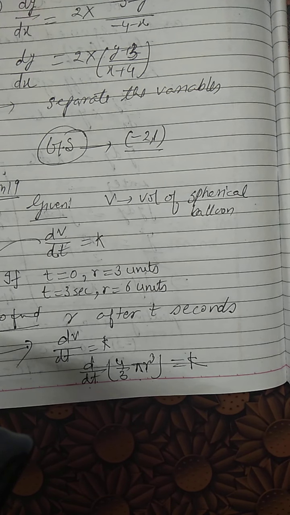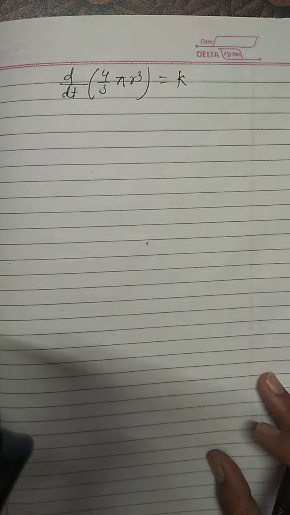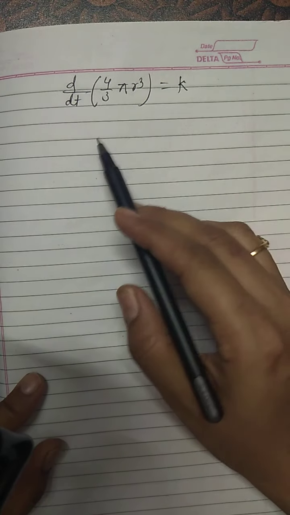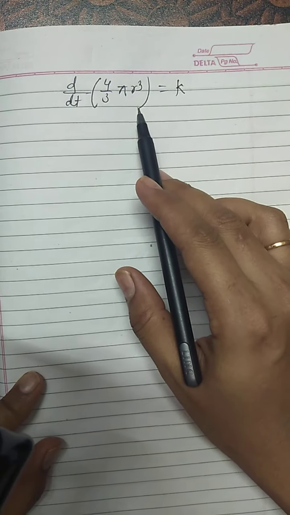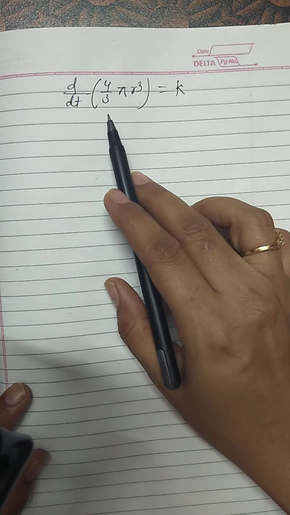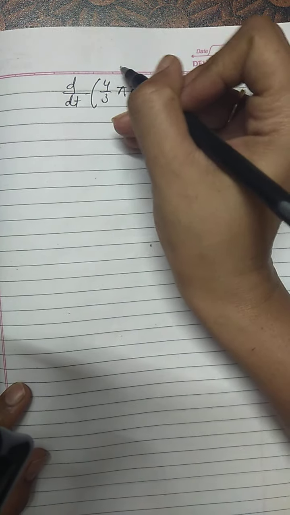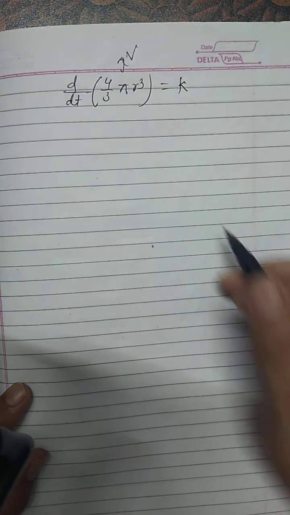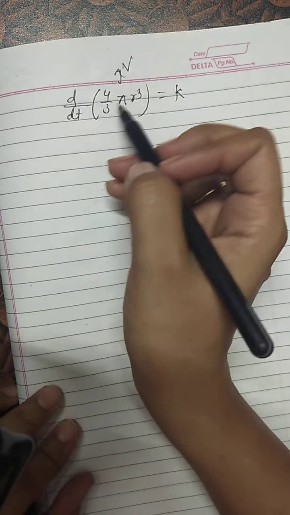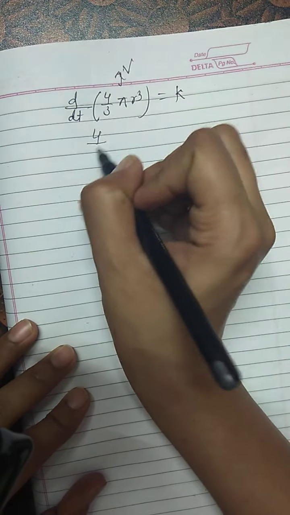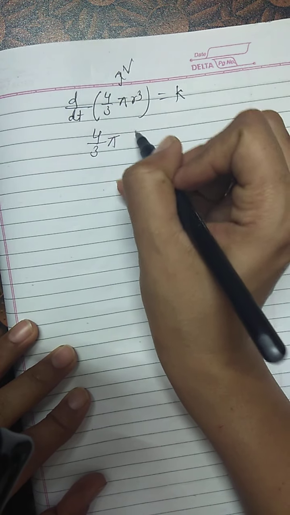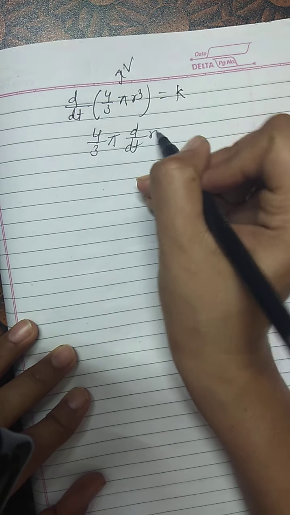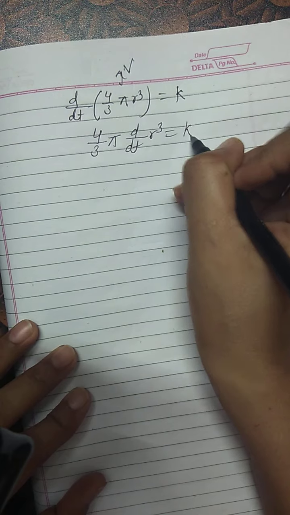So let me take you to the next page. We have d by dt of 4 by 3 pi r cube, which is constant, and this 4 by 3 pi r cube is actually the volume of the sphere. Now 4 by 3 pi is constant, so we write it as such, into d by dt of r cube equals k.